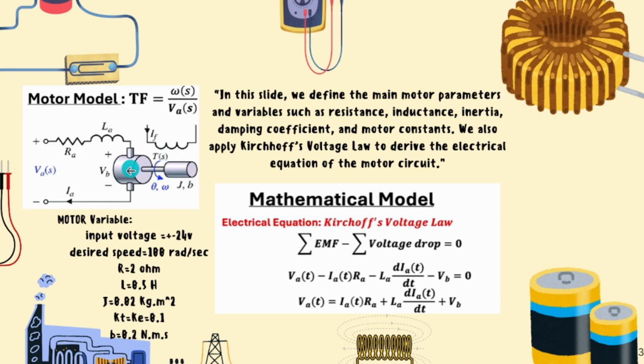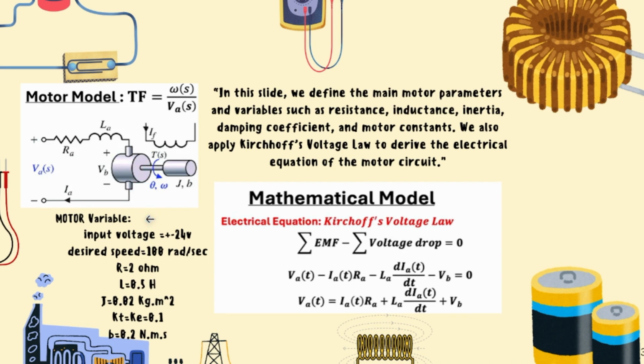The circuit contains the input voltage source, armature resistance, armature inductance, and the back EMF generated by the motor. When voltage is applied, current flows through the armature winding and produces rotational motion in the motor shaft.